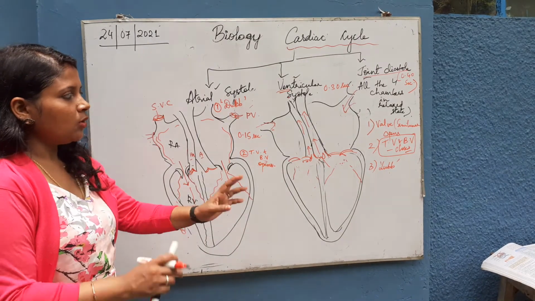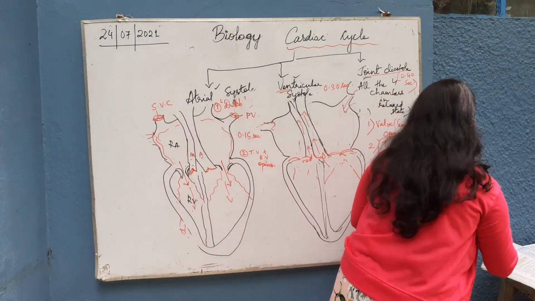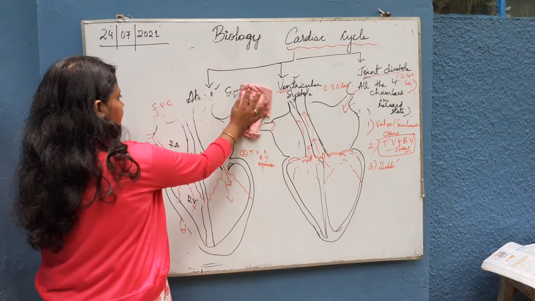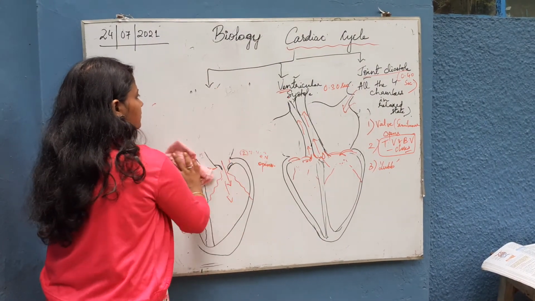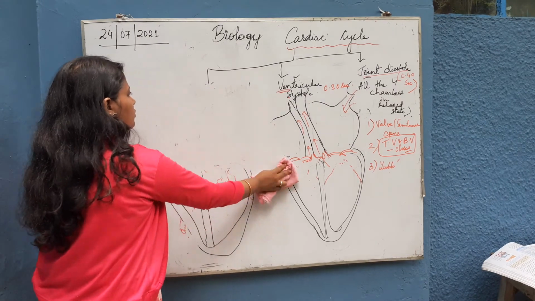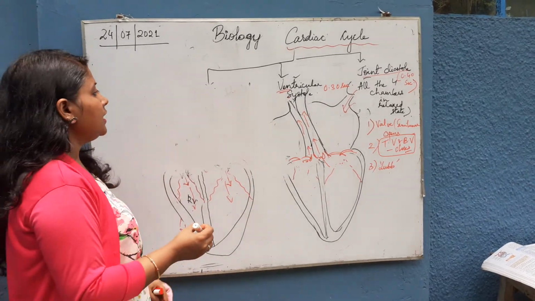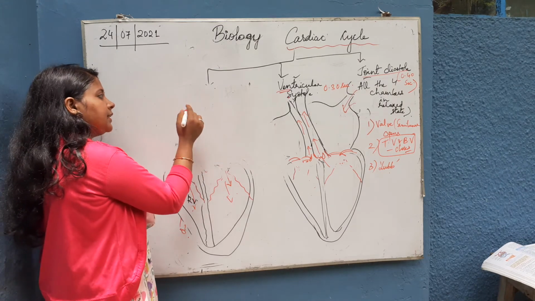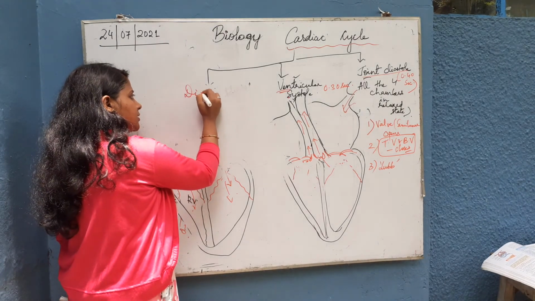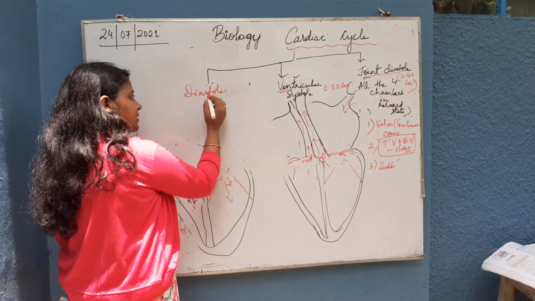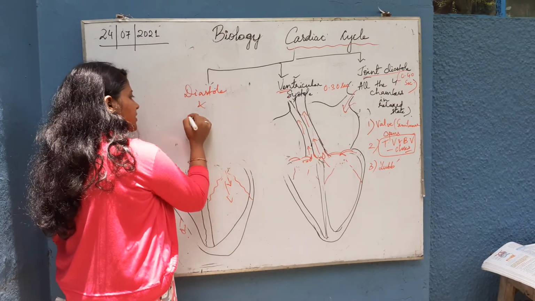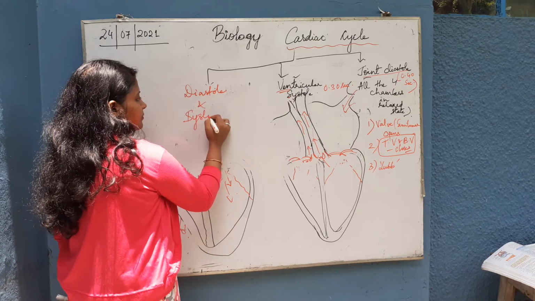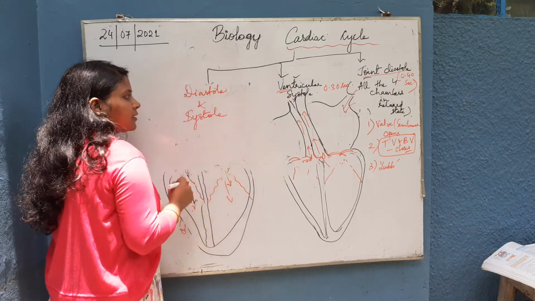Okay. So now I can say finally, what happens in the cardiac cycle? In the cardiac cycle, there are two phases taking place: the systole phase and the diastole phase, that is, contraction and relaxation.